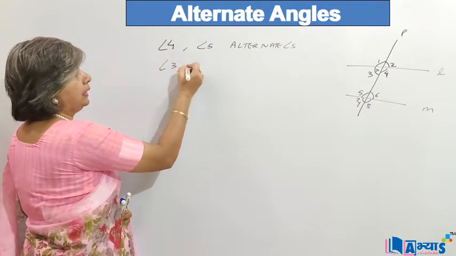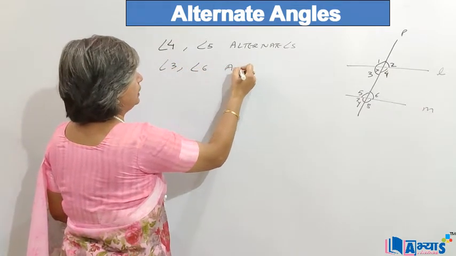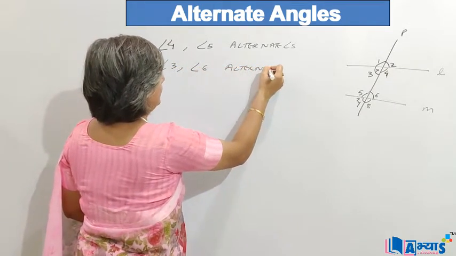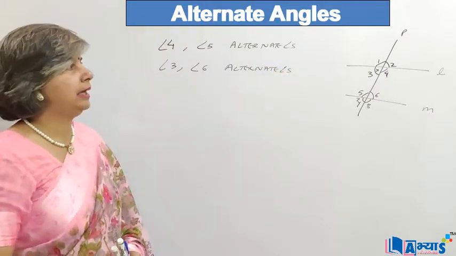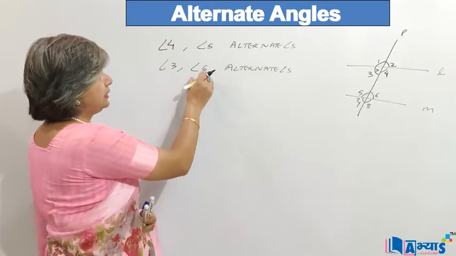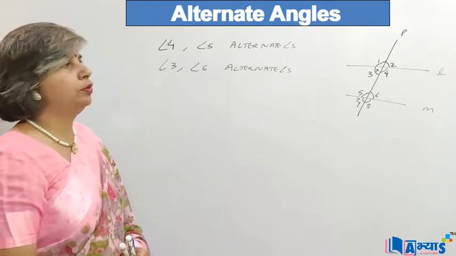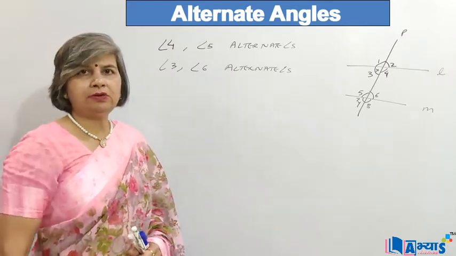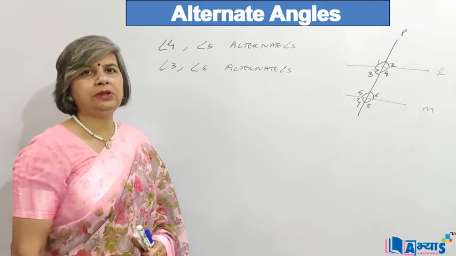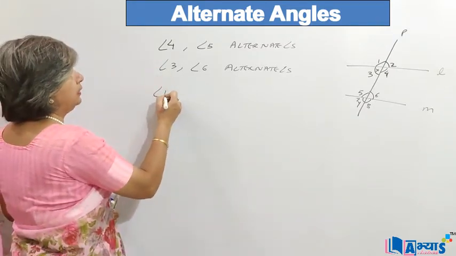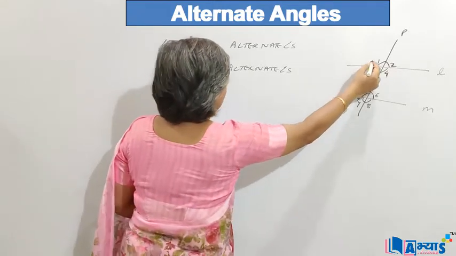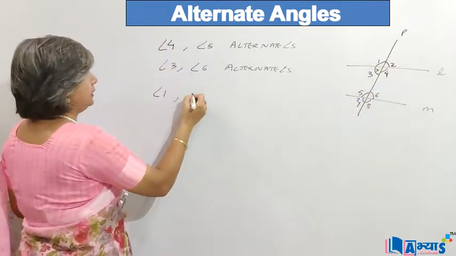Similarly, 3 and 6 are again alternate angles. Angle 3 is formed at line L and angle 6 is formed at line M, and 3 is on one side of the transversal and 6 is on the other side. Similarly, if I take angle 1, the other alternate angle will be angle 8.